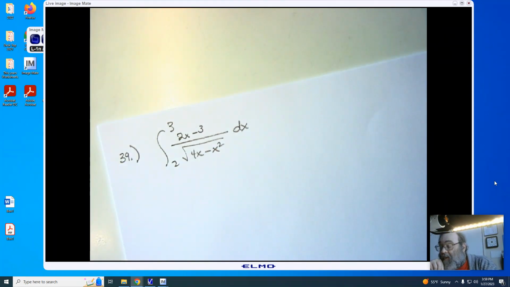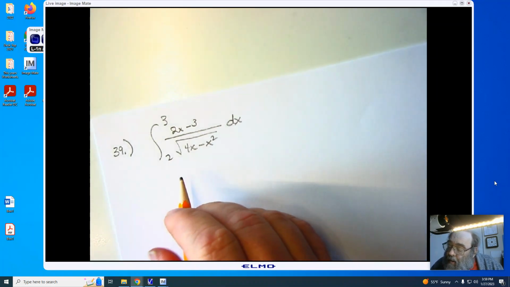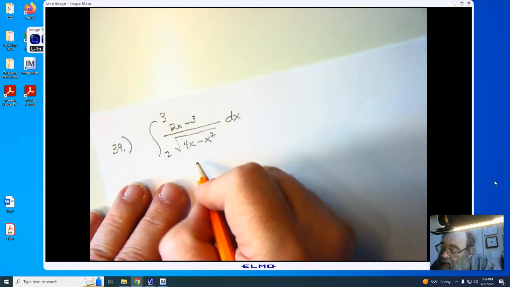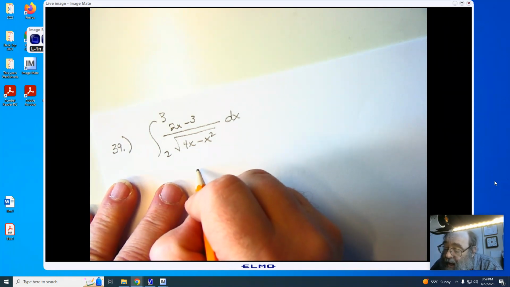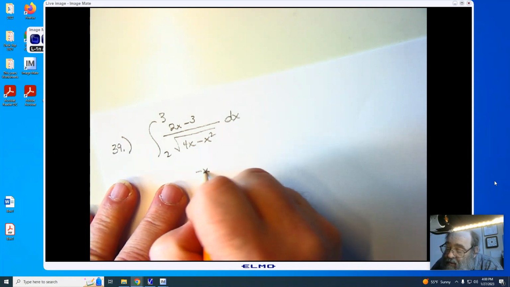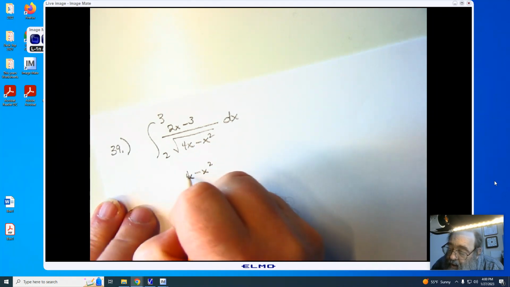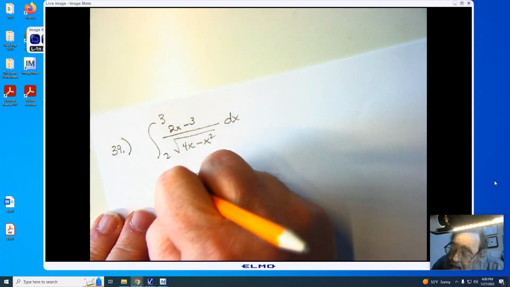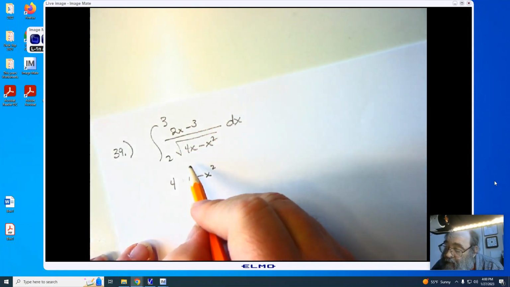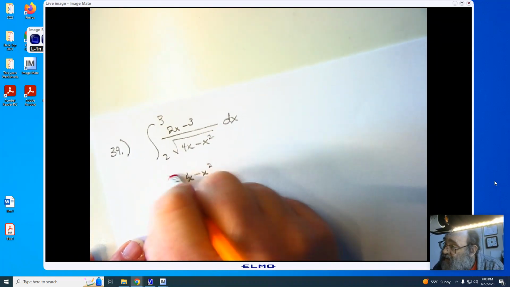Now, just as we saw before, this is a little bit problematic. After all, look at what we've got going on here. I'm currently looking at a negative x squared 4x. If I add 4 here, that's going to have to become a minus. So let's factor out that negative instead.